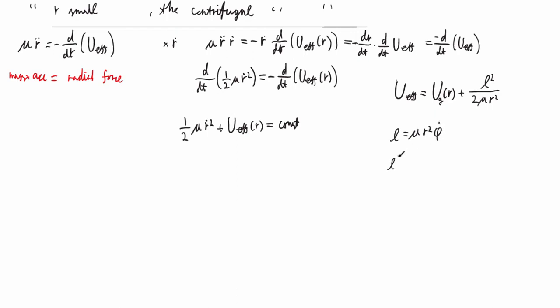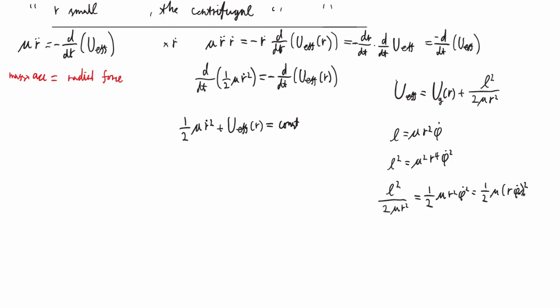So that means that L squared equals mu squared r to the fourth phi dot squared. And this in turn means that L squared divided by 2 mu r squared is going to be equal to 1/2 mu r squared phi dot squared, or if you like, 1/2 mu times the square of r phi dot.